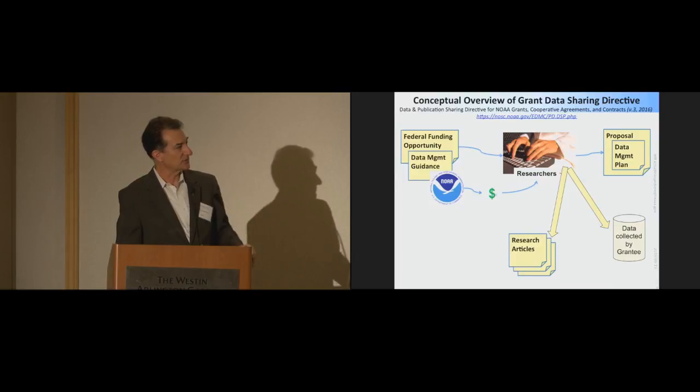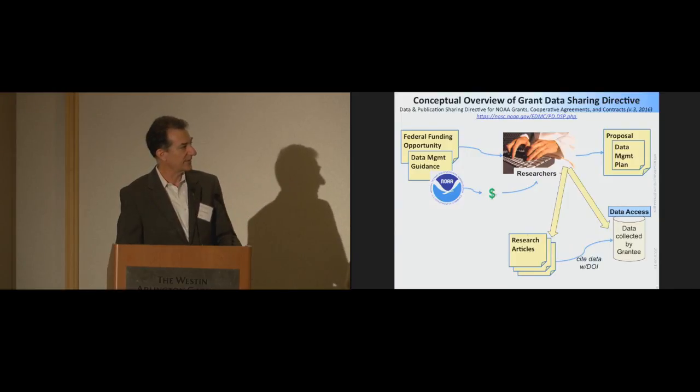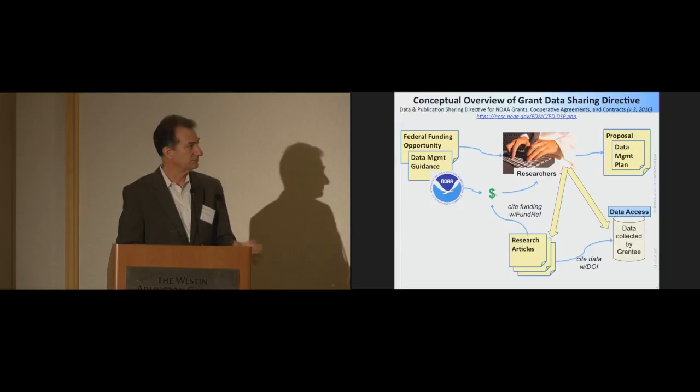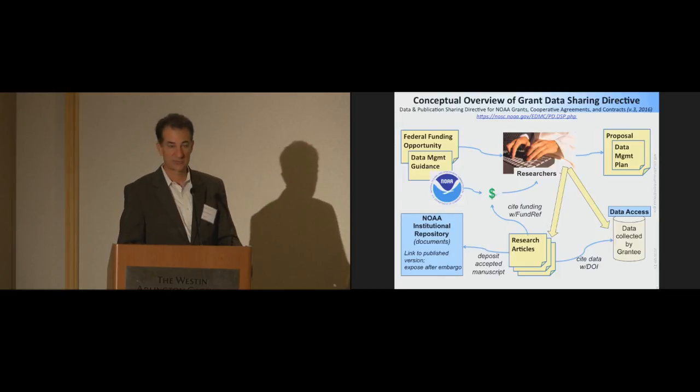That's great, just as it always was, but what we're asking you to do is make your data accessible somehow, and to cite your data with a digital object identifier if you write a paper about it, and to cite the funding with FundRef, which is an interoperable method of reporting funding, and then to submit your accepted manuscript into our institutional repository of documents.